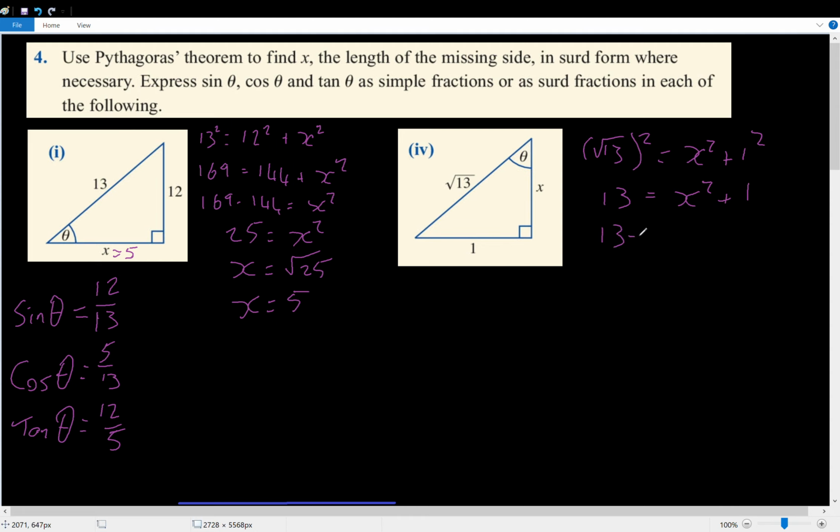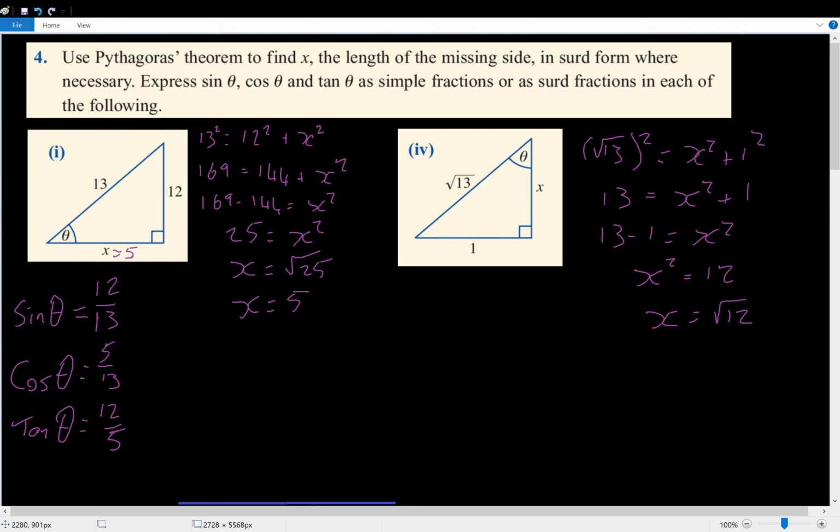So 13 minus 1 is equal to x squared, which means x squared is equal to 12. So x is equal to the square root of 12, like that. And we don't need to get the square root of 12, we can leave it in surd form, which is what this is just here.